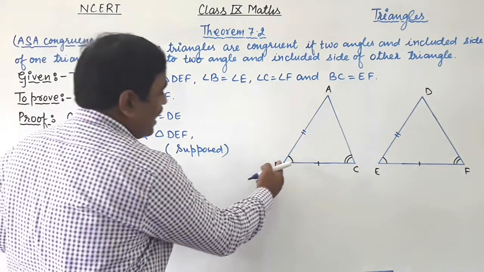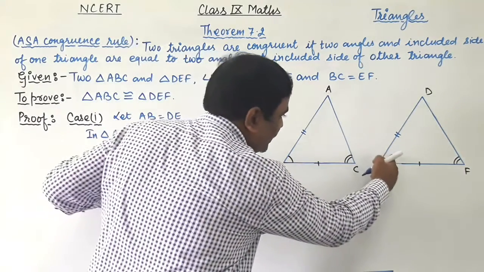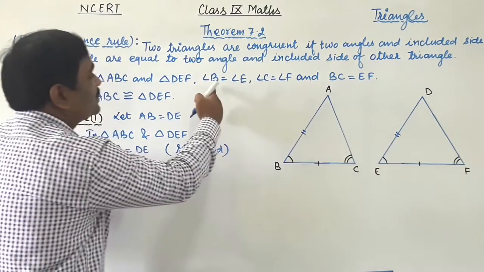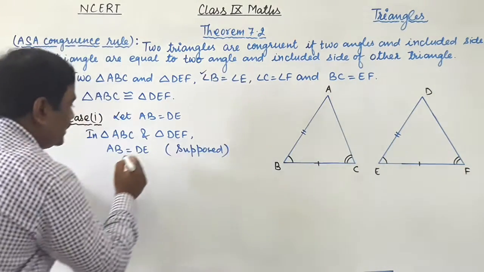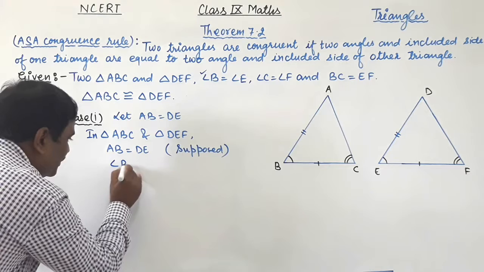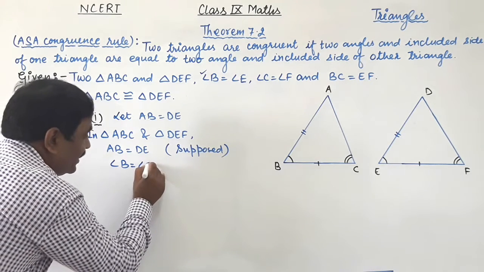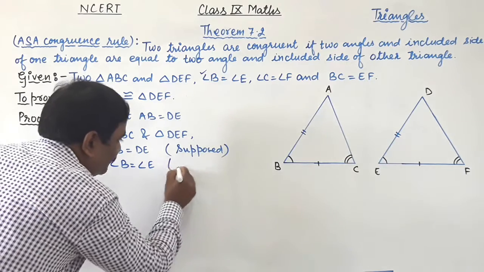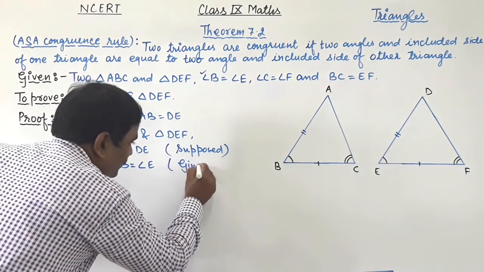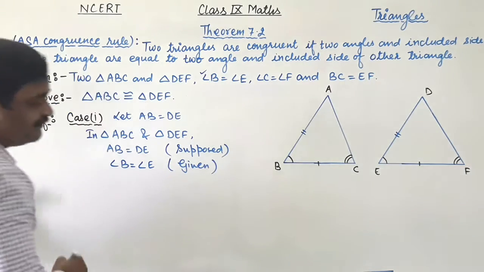Afterwards, angle B of this triangle is equal to angle E of this triangle, which is given in the question, right friends?